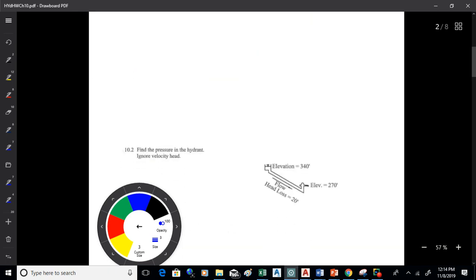Next one's really similar. The one thing on an open reservoir, the pressure up there is 0 because it's open to the atmosphere, so there's no pressure at the top. If anything, it makes the problem simpler to work out. That one should come out to be 21.65 psi, or whatever you want to call it, 21.7, 21.6, whatever.